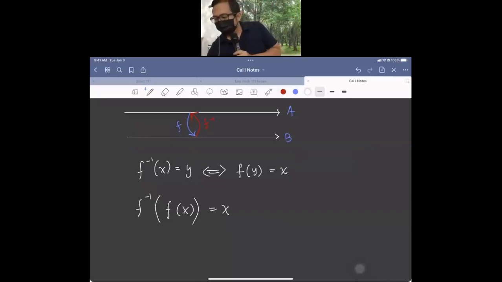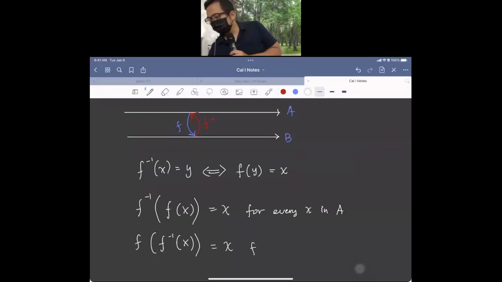I hope you get the logic. We can say this for every x in A. And then we can also write the same thing, but with the inverse inside of the f. This is also the same.